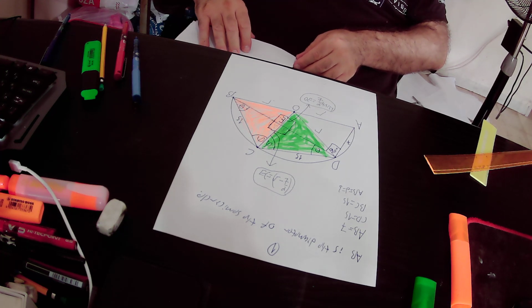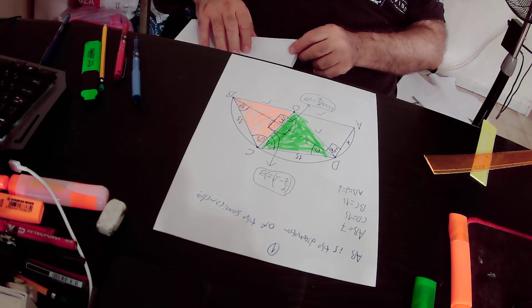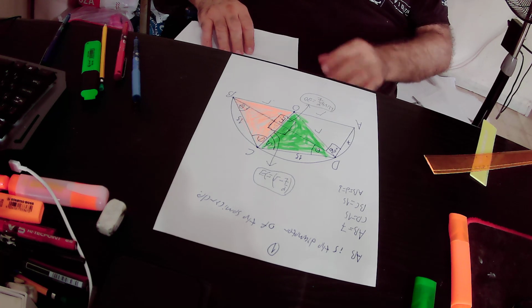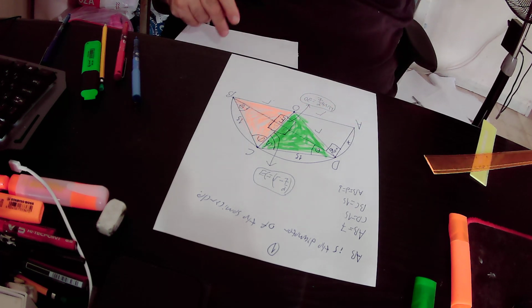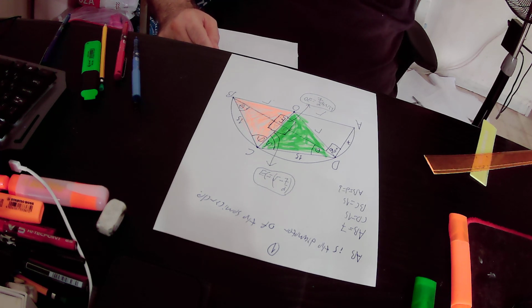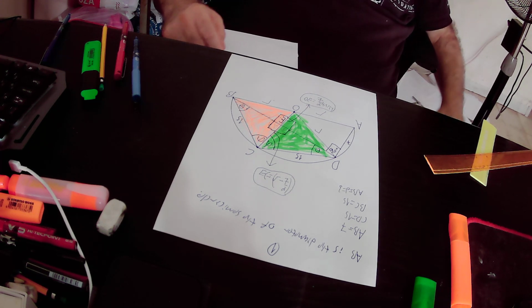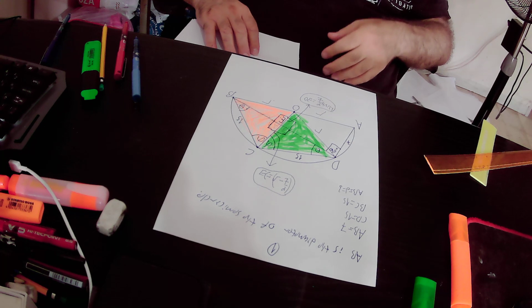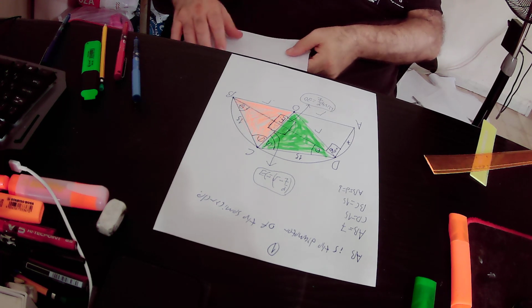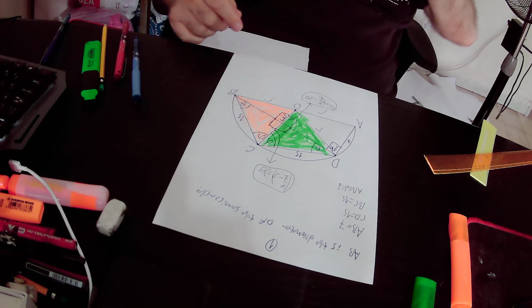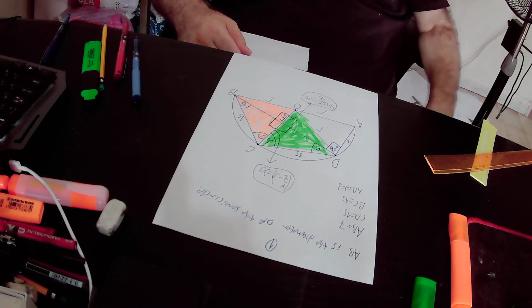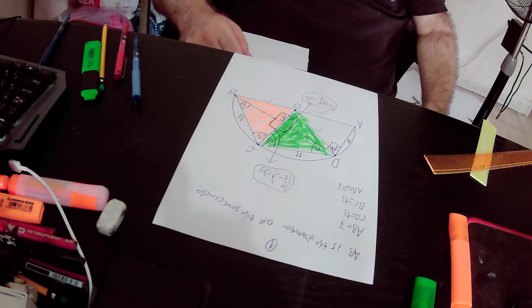Then from the fact that those two triangles are congruent, we can conclude that those two angles are also equal to each other, according to the rule that corresponding angles in congruent triangles are equal.